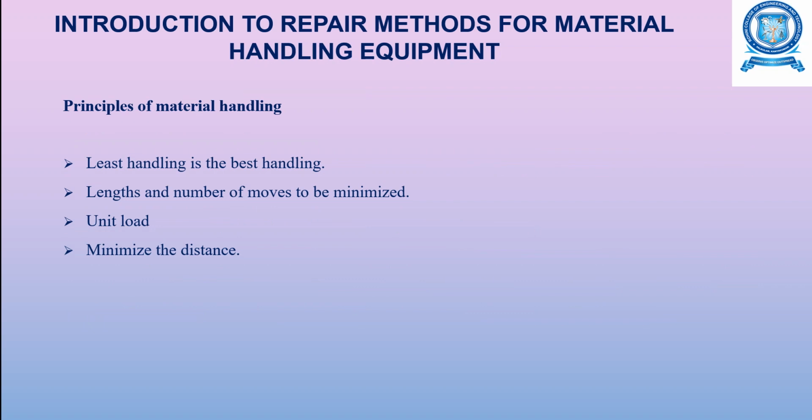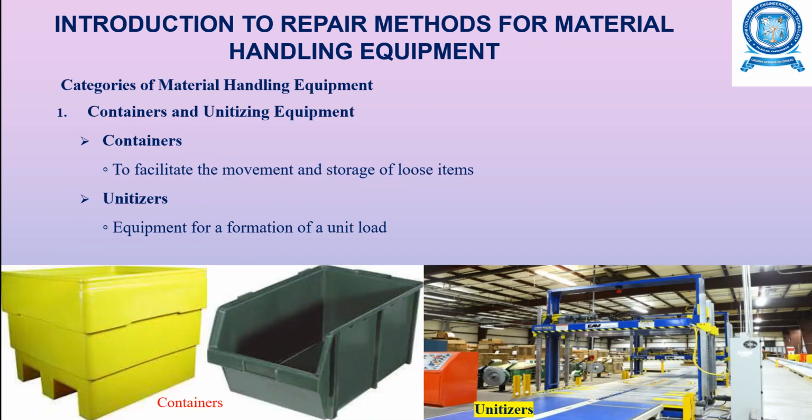So principles of material handling. Least handling is the best handling. So that is the first basic principle. And length and number of moves to be minimized. And unit load and minimize the distance. So these are all the principles of material handling.